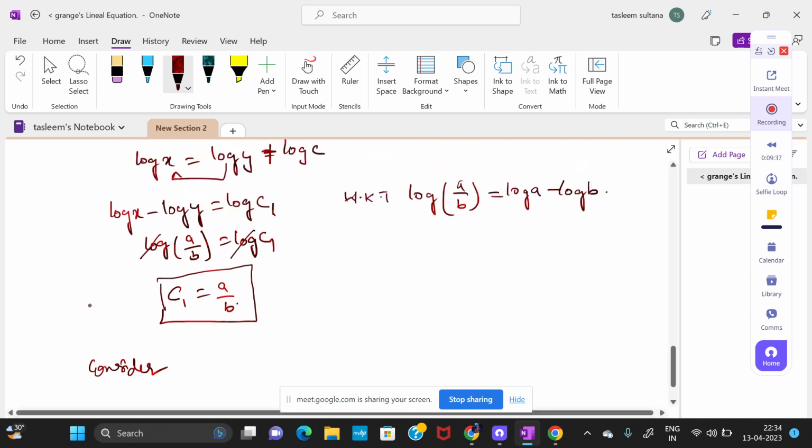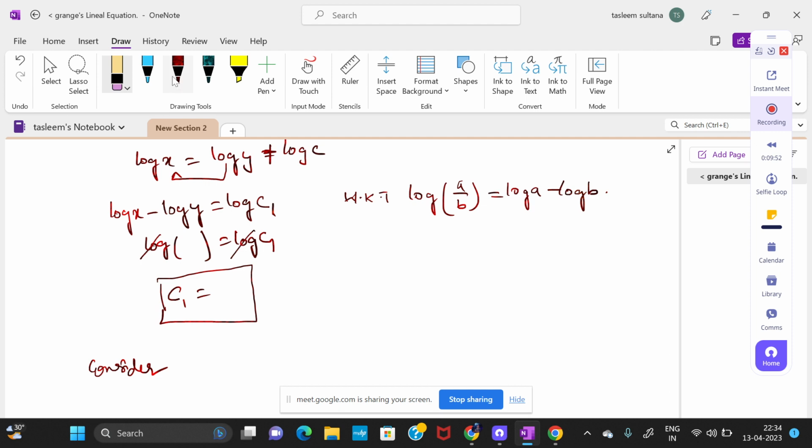Here, one second. Here it's going to be log of x by y. I had written a by b only. This is going to be x by y.